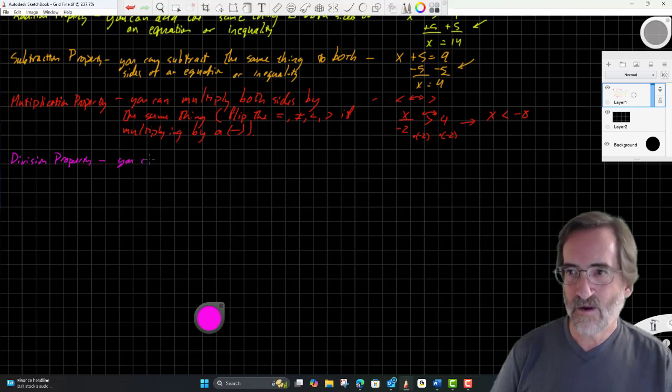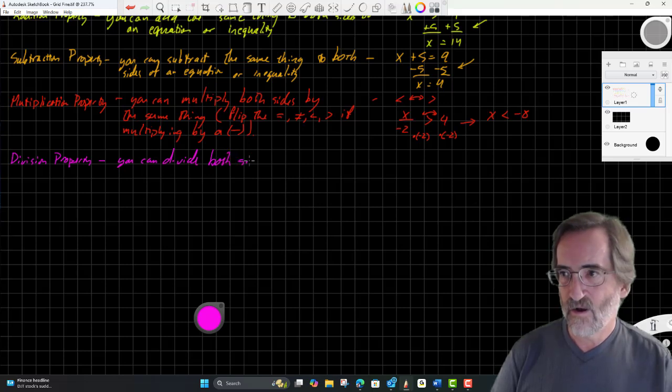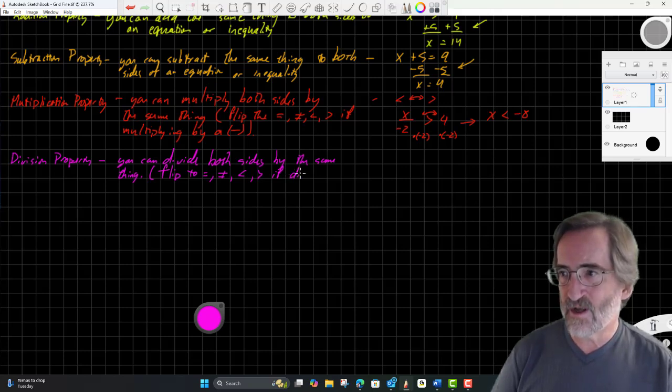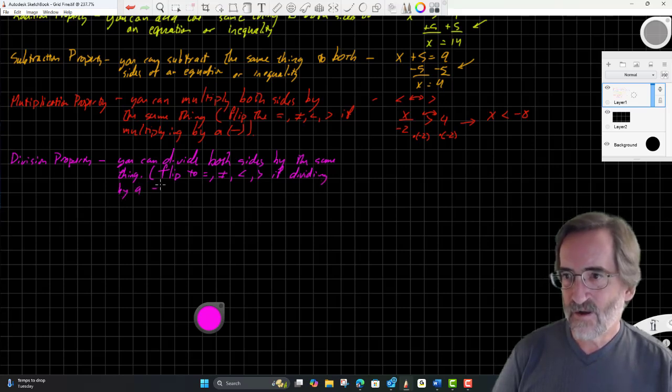Division property. You can divide both sides by the same thing. Flip the equals, not equals, less than, or greater than if dividing by a negative.